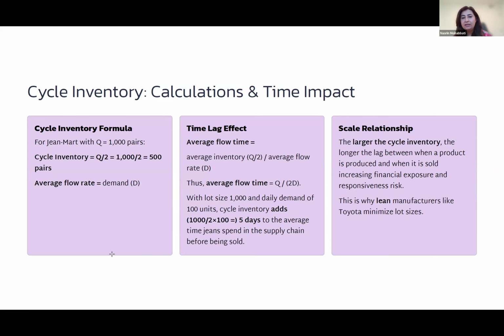And again, this average flow time is being used critically in different supply chains. Some supply chains are more on the lean side, meaning that they don't really produce extra in large amounts and keep large inventories, spending money sitting in warehouses.